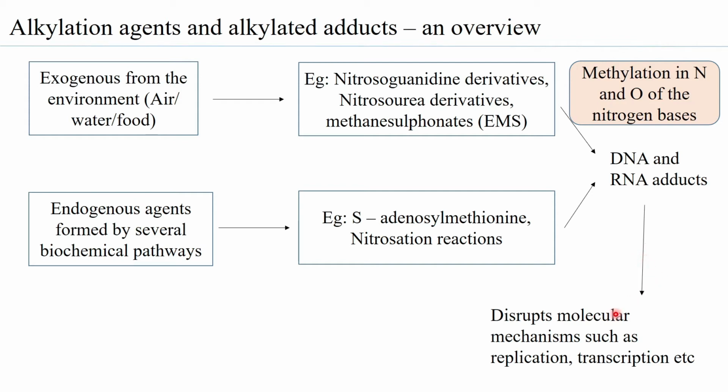This distortion can disrupt several molecular mechanisms, such as it can stall a replication fork, so replication can be disrupted, transcription can be disrupted, etc. Now, because it affects the basic molecular mechanisms of the central dogma, one observes that if there are a lot of alkylations happening, and therefore the frequency of mutation is increasing, then it leads to diseases like cancers, etc.